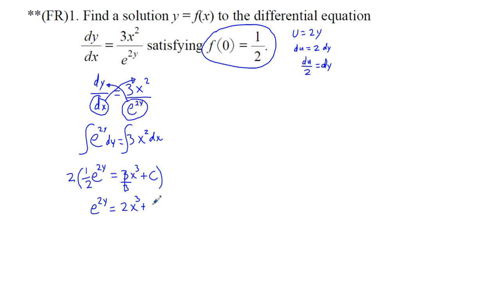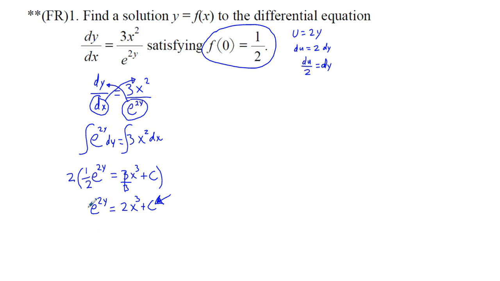Now you might ask, if we multiply both sides by 2, why didn't we end up with 2c? Well, the reason is that it's an arbitrary constant, and so whether we call it 2c or whatever, it's simplest to just keep it in terms of c.